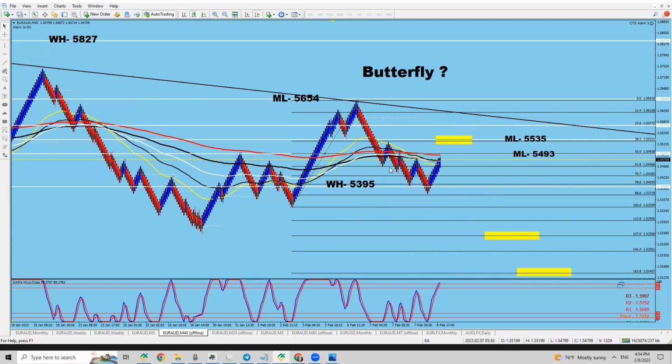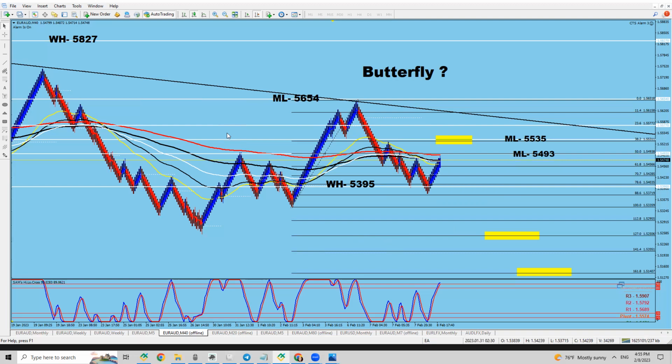And then whichever pair and wherever you are at that time, it's a point A, point B, point C, point D, or X, A, B, C, wherever, and from there, find the next target. Where the next point is, and trade in that direction. Then you will be able to trade any pair at any given time.